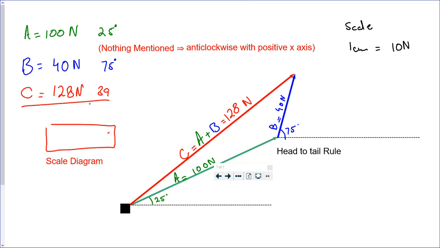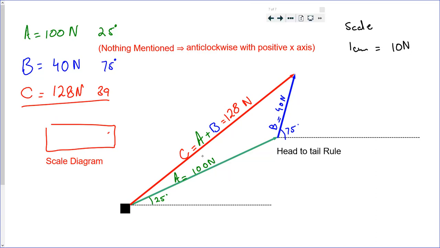We have already worked it out, but we worked it out by using a scale diagram. Now we are going to work this out by using rectangular components.